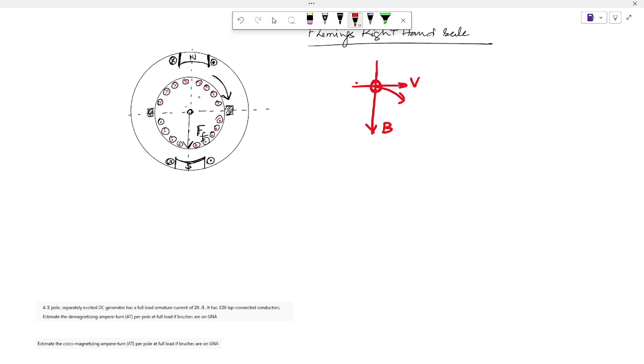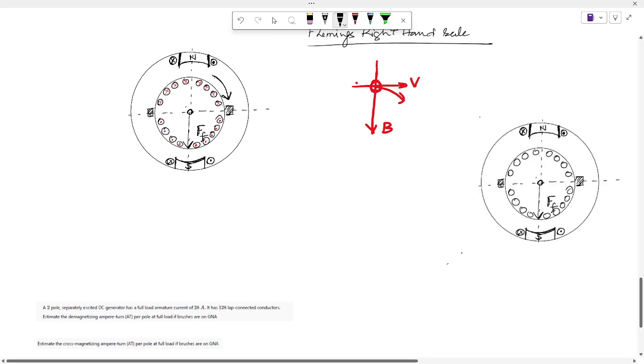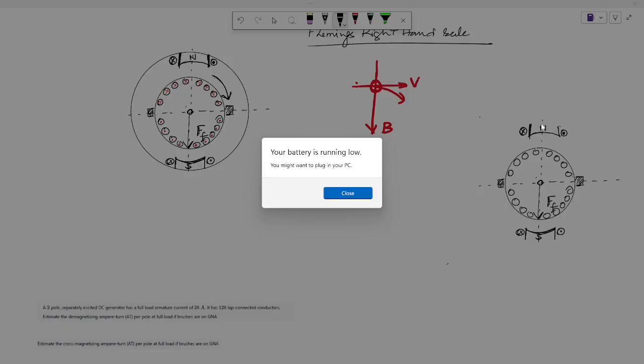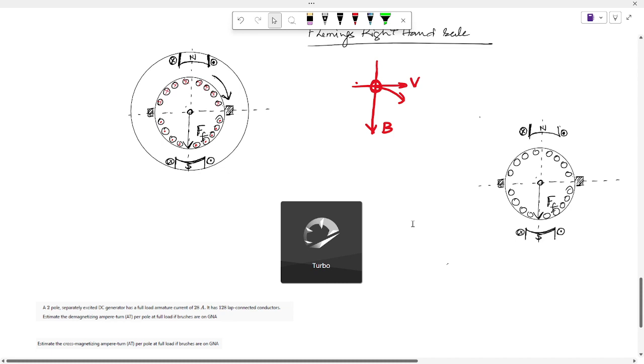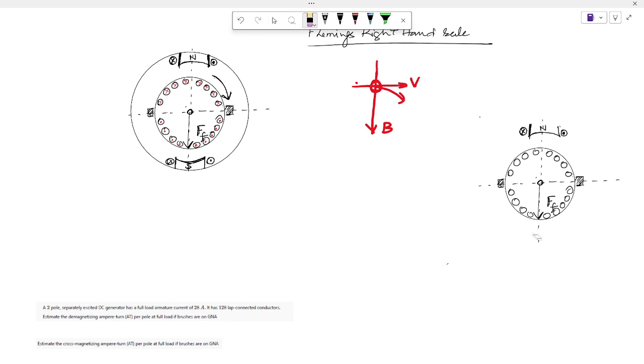So now we are having something like this. Now just imagine this is the conductor, forget about the field.